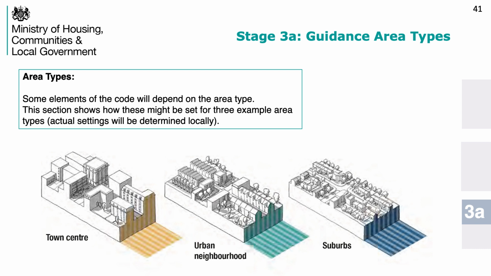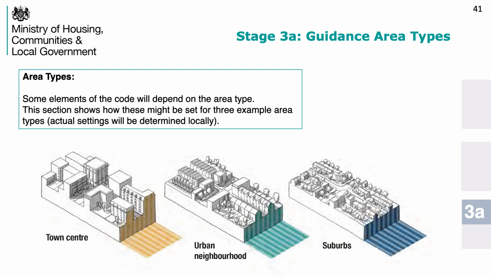So we use 3 examples in the coding just to show how this might work. Again, these are not exclusive, and they're just examples. So we have town centres, urban neighbourhoods, and suburbs, and the coding is then set out in this way. So we have an initial introductory paragraph which sets out the issue.